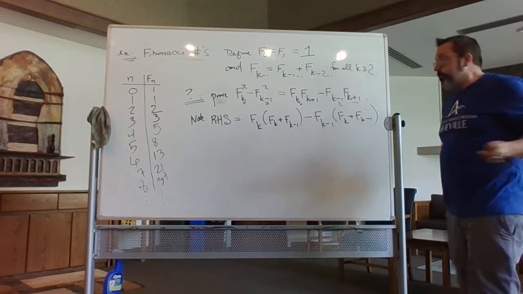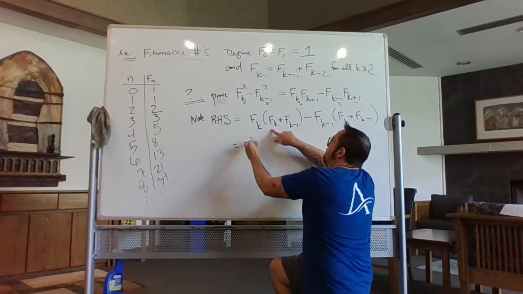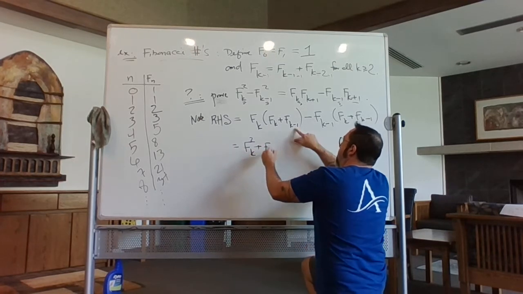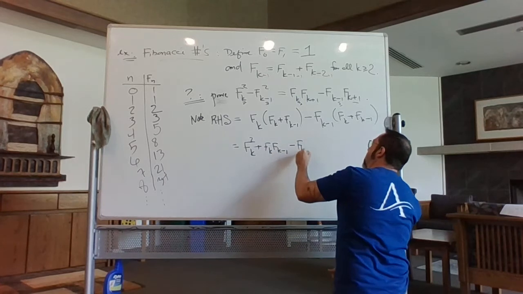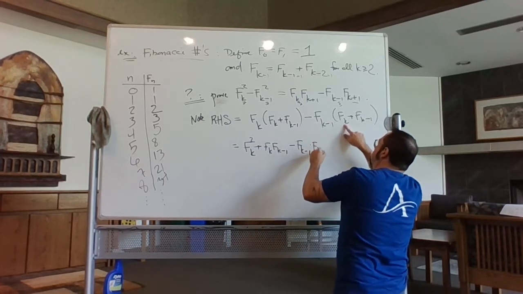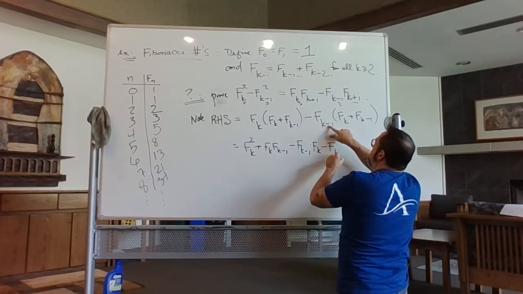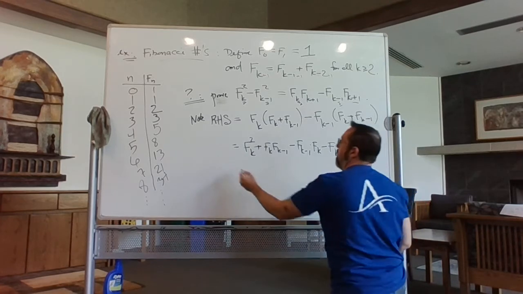Now it's just algebra. Let's just multiply this out. We get f sub k squared, f sub k times itself, plus f sub k times f sub k minus 1, minus f sub k minus 1 times f sub k, minus, making sure we distribute that minus sign, f sub k minus 1 times f sub k minus 1.